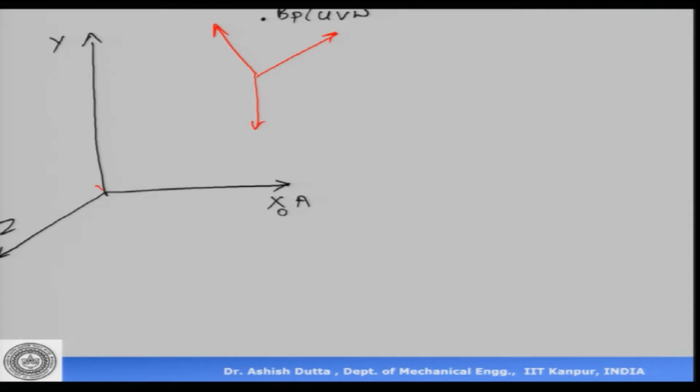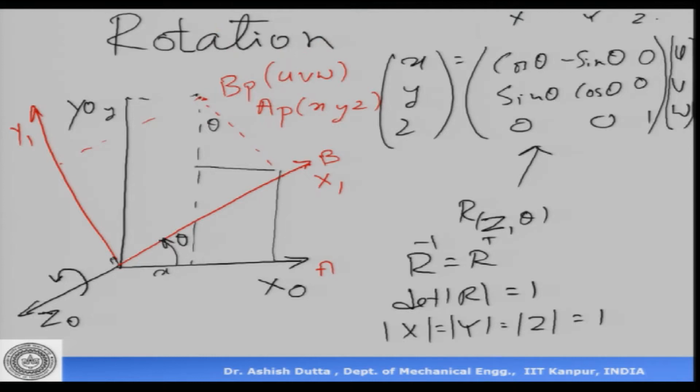It is expressed in frame B. So, the projection on this is u, that is v, and w is on the z axis. So, this is my x, y and z of frame B, which is u, v, w. Now, if I want its coordinates in frame A, then AP is equal to x, y, z, right. Now, we find that unlike the previous case, if you just see here, the origins were the same, there was only an angle between them.